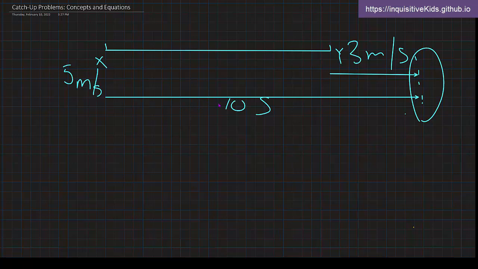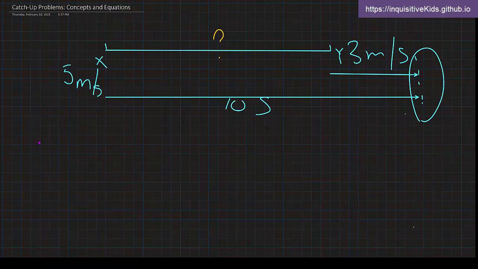First, I want to ask you, if we're trying to find this part right here, how can we find that? Well, this is distance, and if you observe the sketch carefully, it's really just the distance run by Y subtracted from the total distance run by X. So what is the distance run by X?